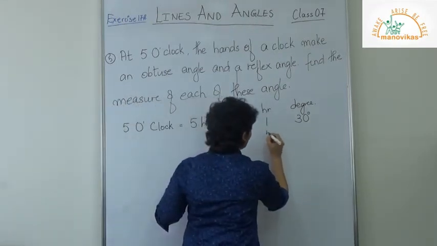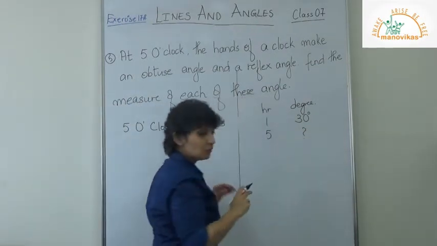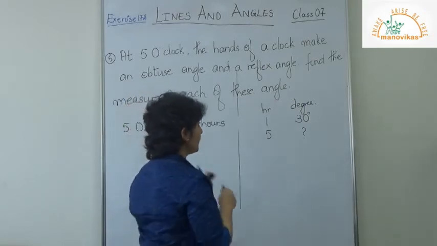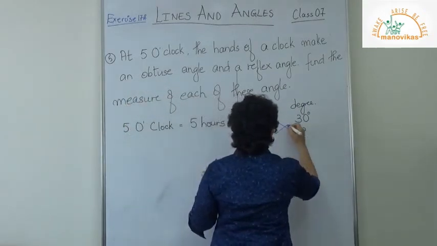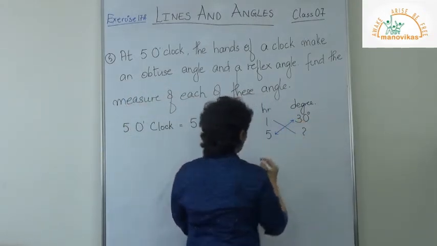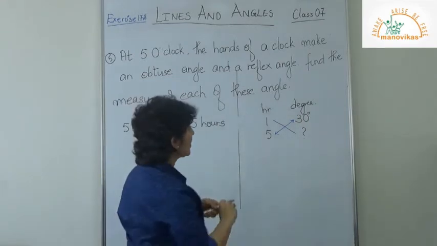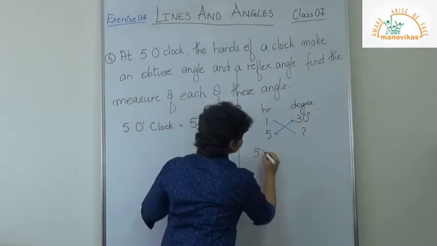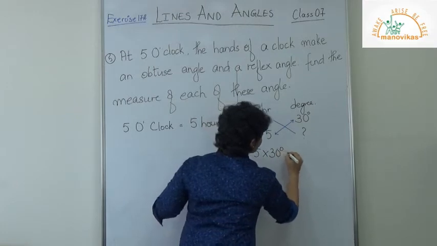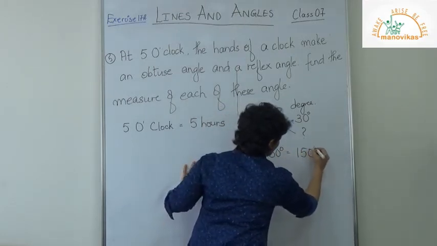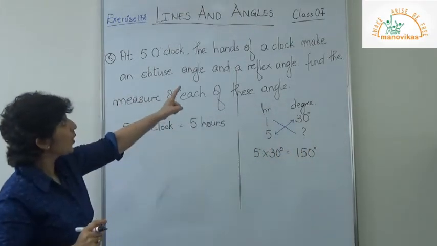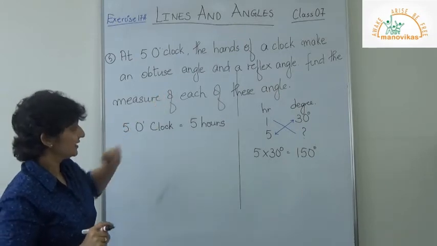So, 5 hours will give you how many degrees? When I cross multiply, I get 5 times 30, that is 150. Correct? So, this becomes my obtuse angle, isn't it?